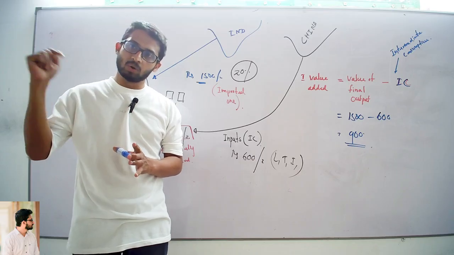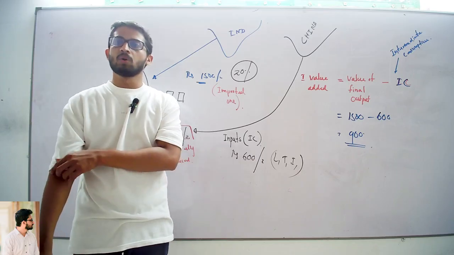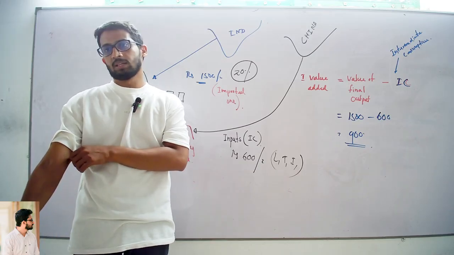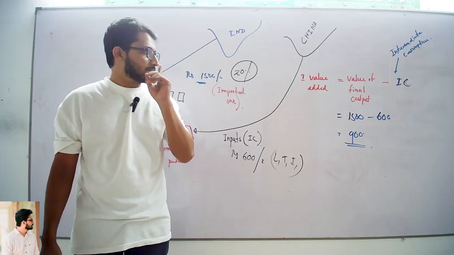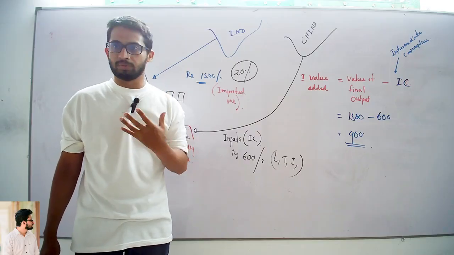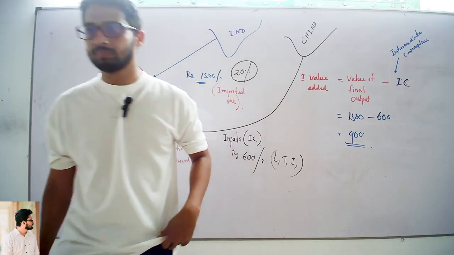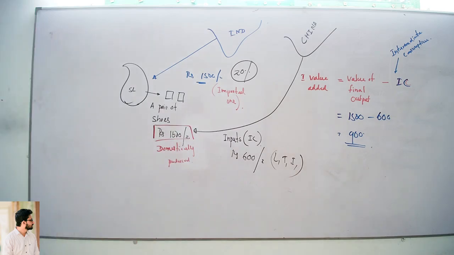Because 600 goes to other countries, to the rest of the world, right? Only 900 is left for our country. That is called value addition. Are you okay with this, Buddha? Yes, sir. Okay. Value addition.